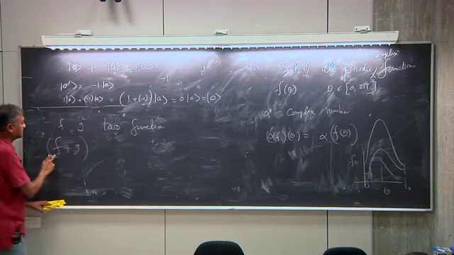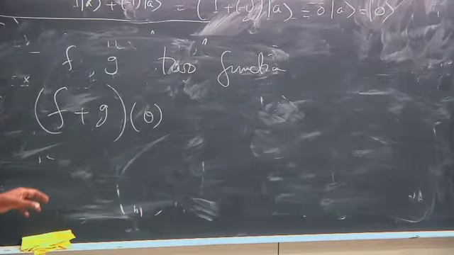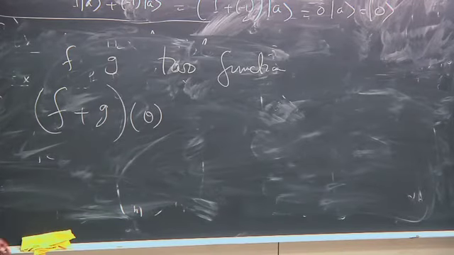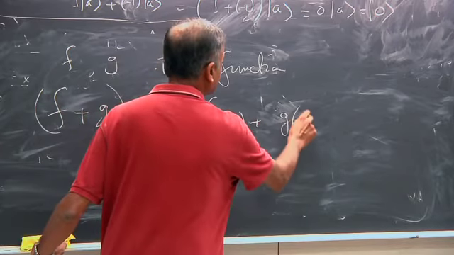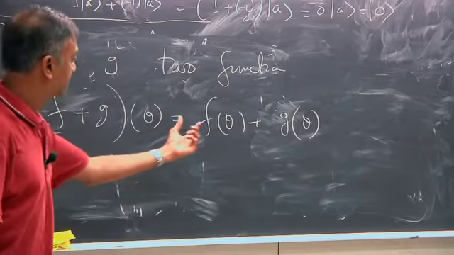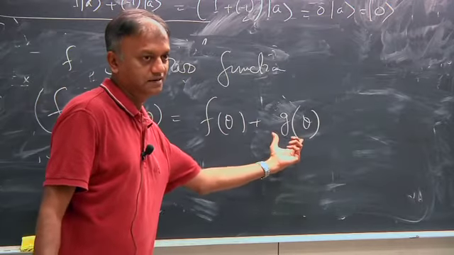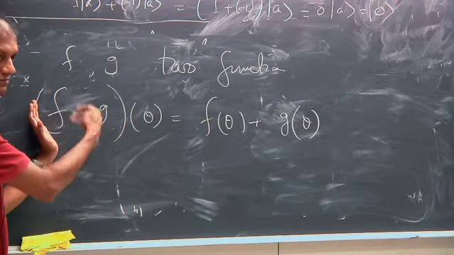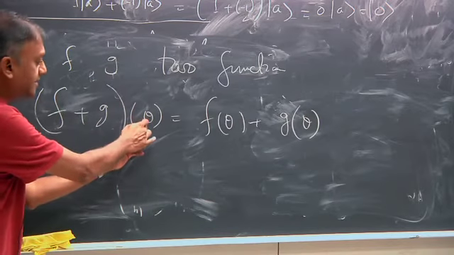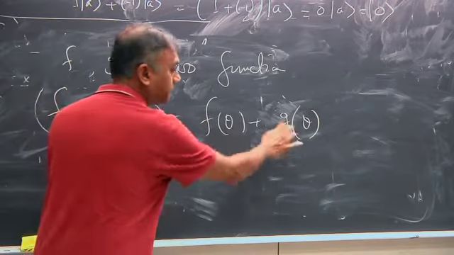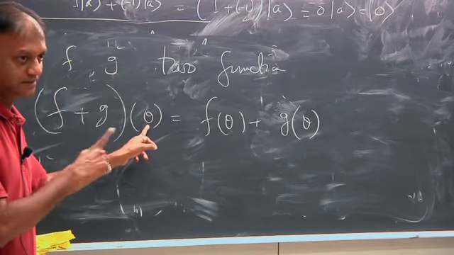I want to say what f plus g evaluated at some theta is. That is again point-wise addition: f of theta plus g of theta. This is a complex number, that is a complex number, and the sum of these two is again a complex number. What I'm saying is that f plus g is a function such that when you evaluate it at theta, that is the same as this number plus that number, and that should be true for all theta.